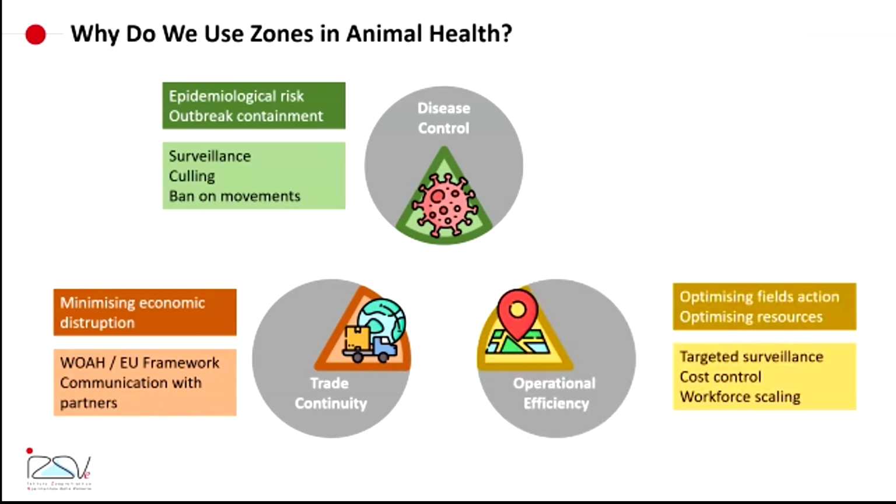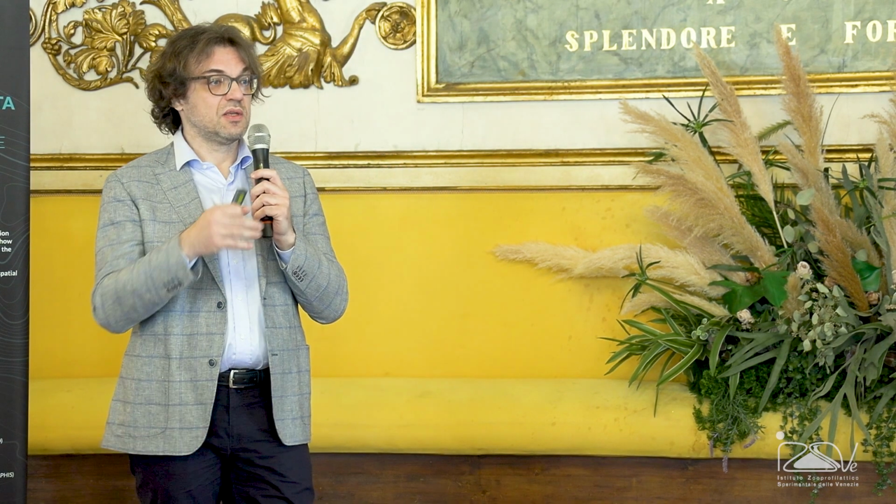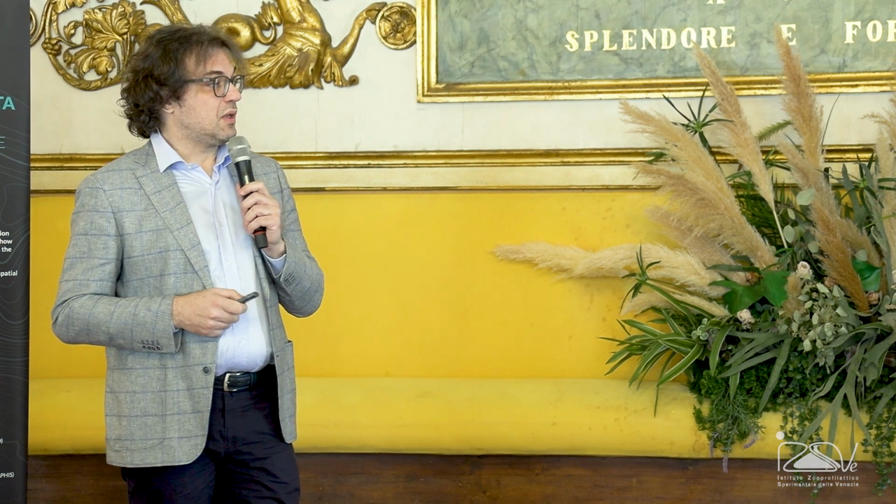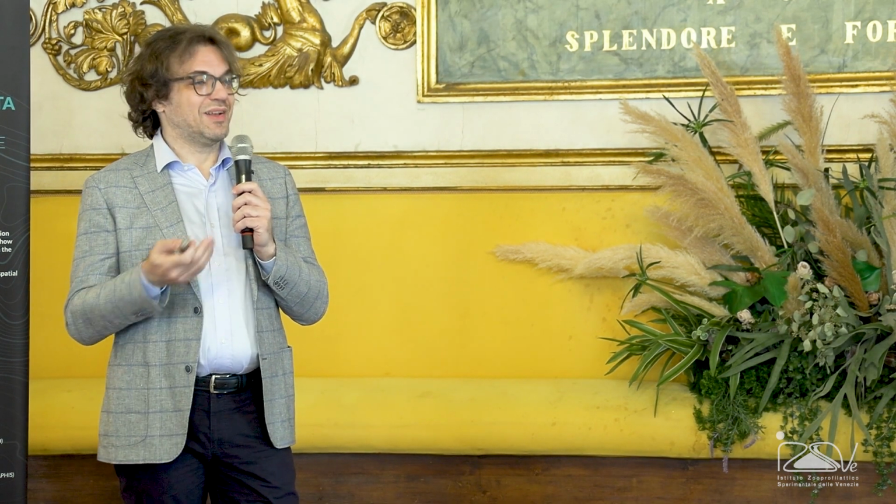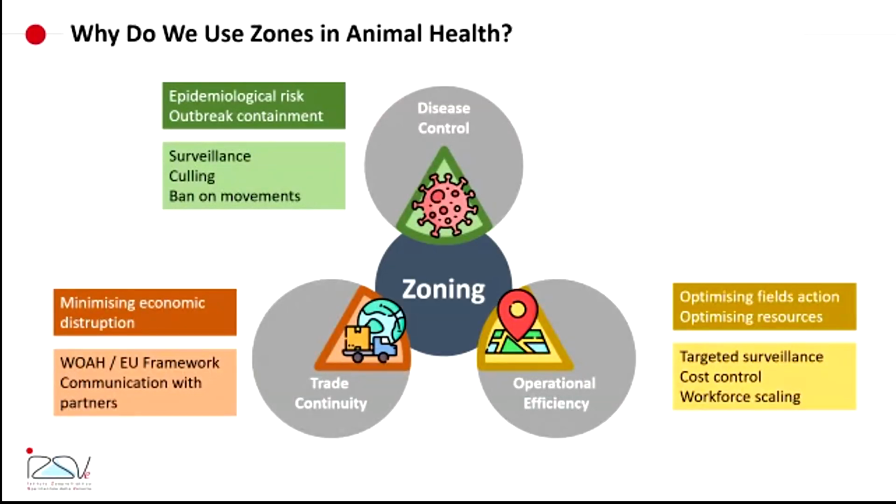But it can also be used for operational efficiency, meaning that you know where the disease is, and then you can focus your efforts in that area, so you can improve your budget allocation, for example. And of course, zoning is what ties all of these actions together.